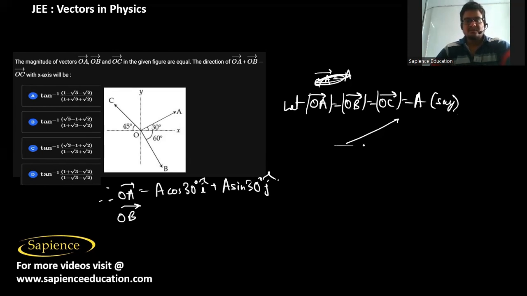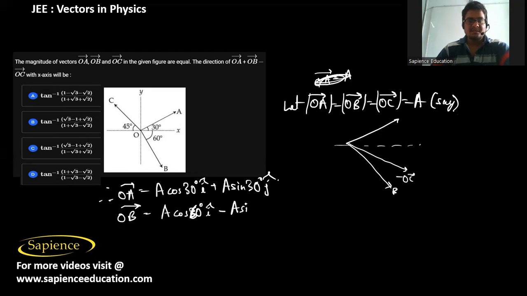So it means OA vector is like this, OB vector is like this, and minus OC vector will be like this. So their resultant we have to find out. So OB vector will be A cos 60 i cap minus A sin 60 j cap.